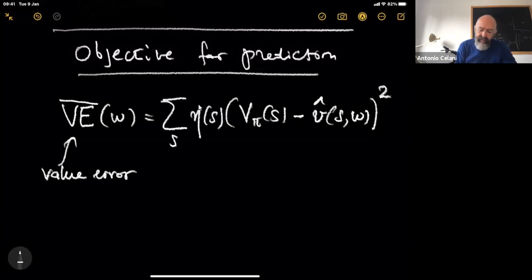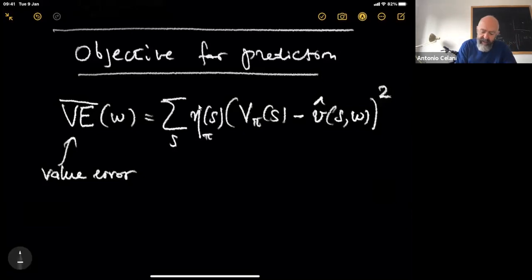And you might remember that we have introduced this object eta of s, which of course depends on pi. And this eta is nothing but the number of times that I visited the state, accounting for discount.